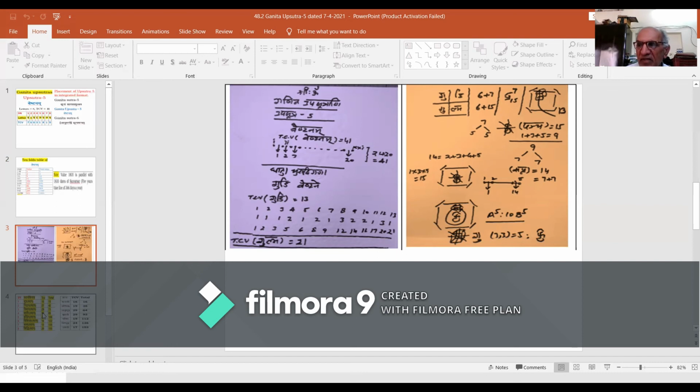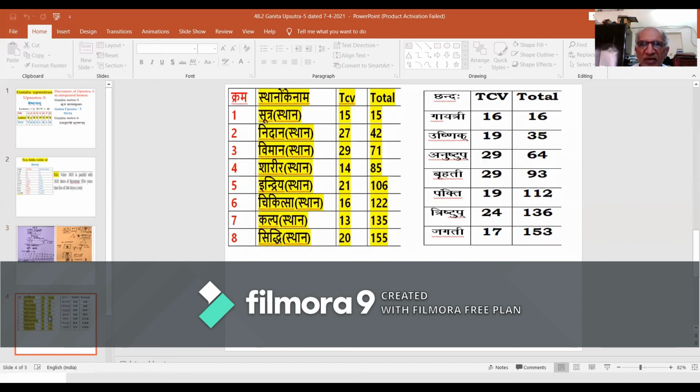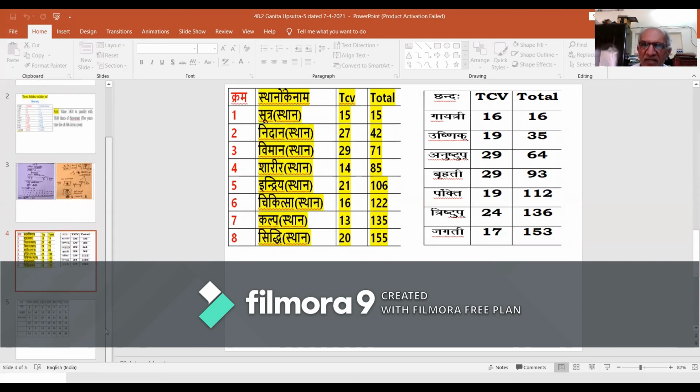We, the students of Vedic mathematics, the students of Vedic systems, shall visit further as to how the organization of Charak Samhita as 8 sthanam, Sutra sthan, Nidan sthan, Viman sthan, Sharir sthan, Indriya sthan, Chikitsa sthan, Kalp sthan and Siddhi sthan, is of values of 7 meters: Gayatri, Ushnik, Anushtup, Briti, Pankti, Tristup, Jagati.